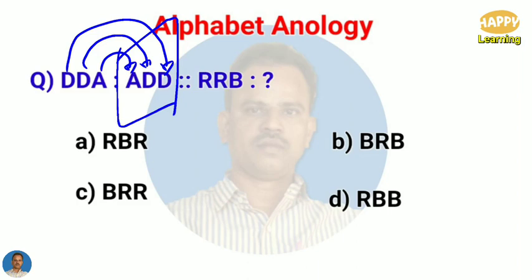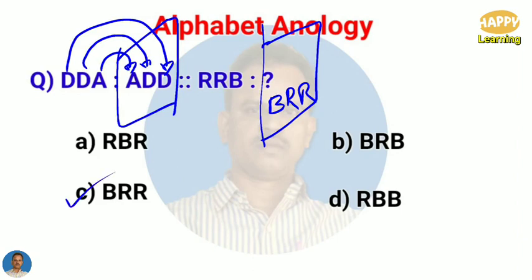So similarly, in a mirror you will find B first, then R, the middle will be at middle, and the R at the beginning will become the end. BRR. Where is that? BRR. C is the correct option.